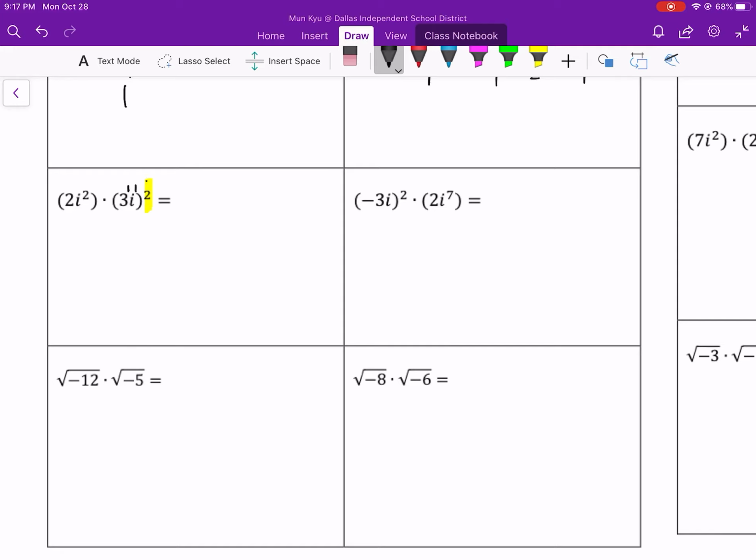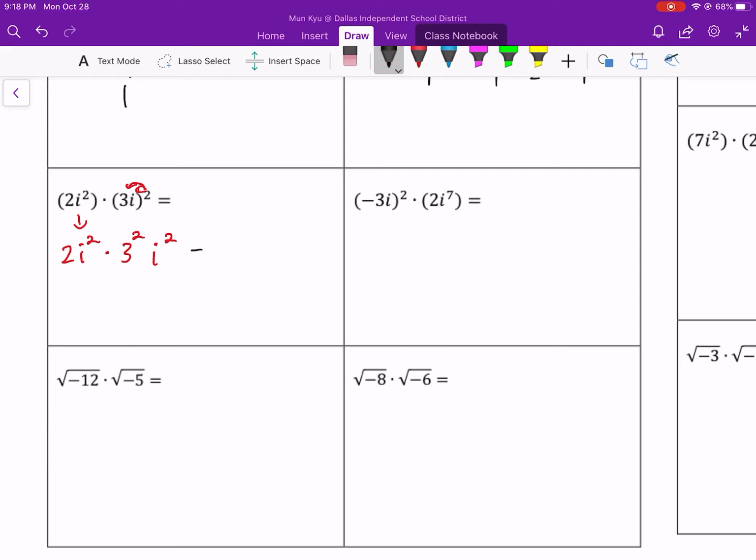And what you're going to do is just distribute it. So let's do this. This one, we just bring it down: 2i squared times, but this we're going to distribute, which will get 3 squared times i squared.